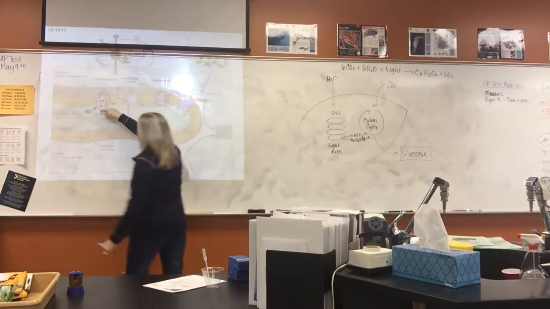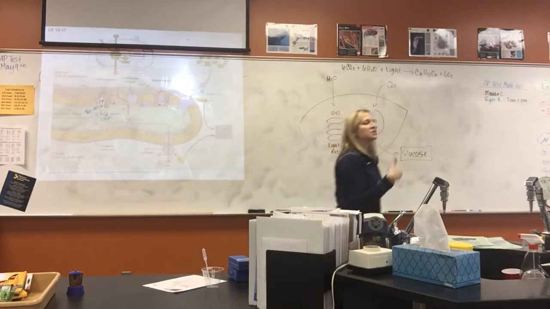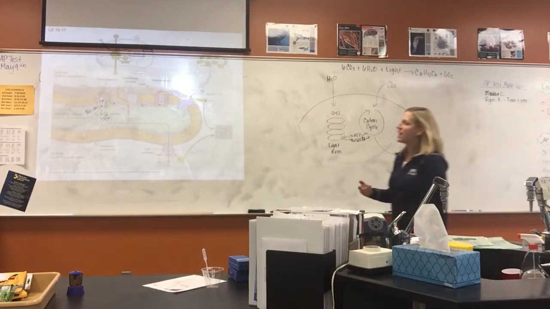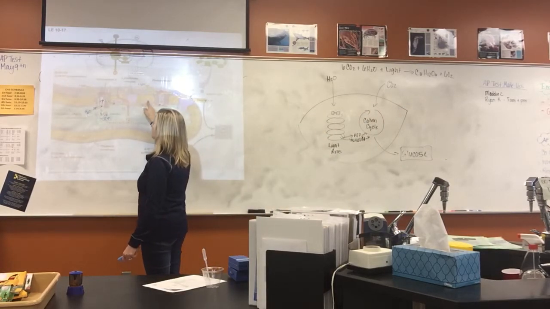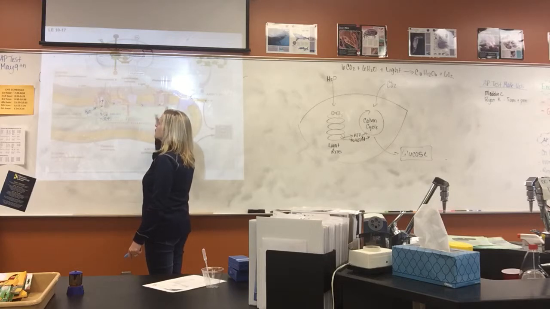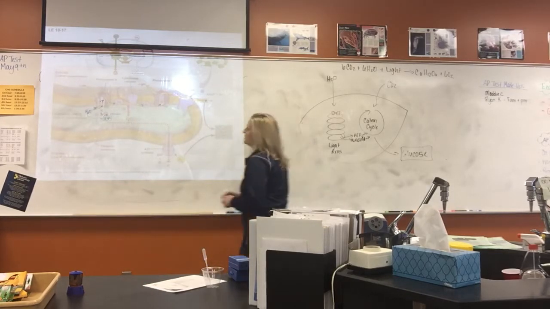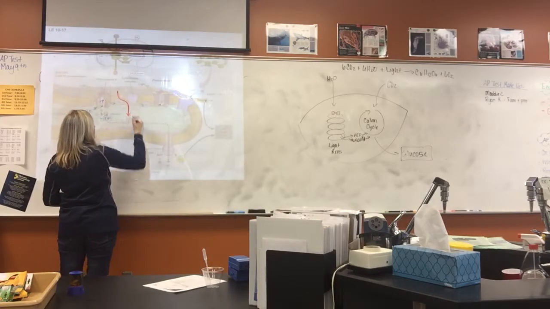So then the electrons, when they go through the electron transport chain, very similarly to the electron transport chain in the mitochondria, as I said, it's a series of redox reactions which releases energy, and that energy can be used to pump H pluses into the thylakoid.